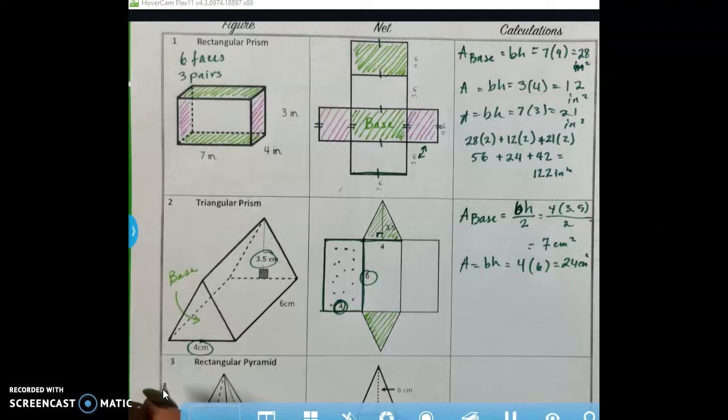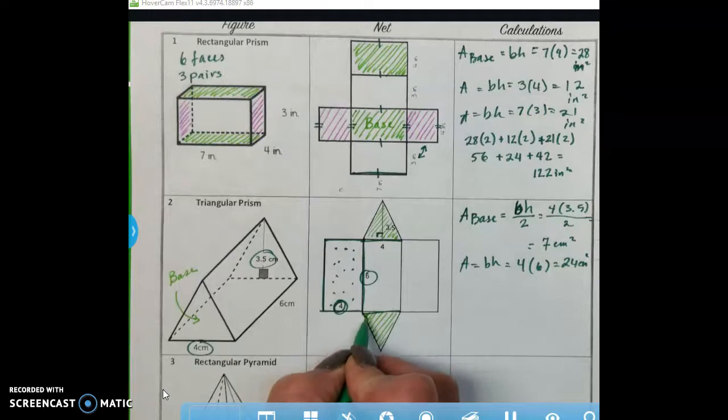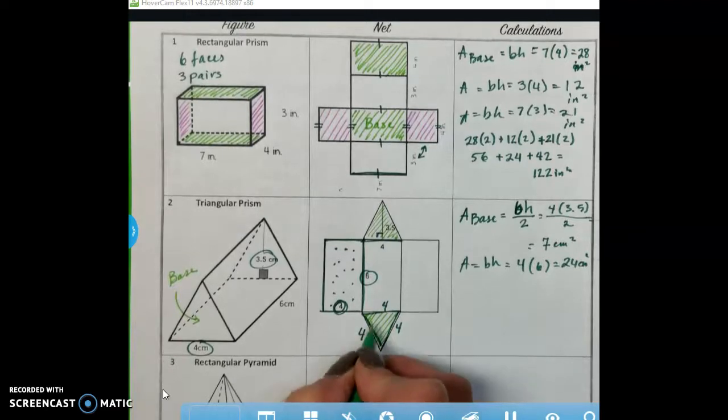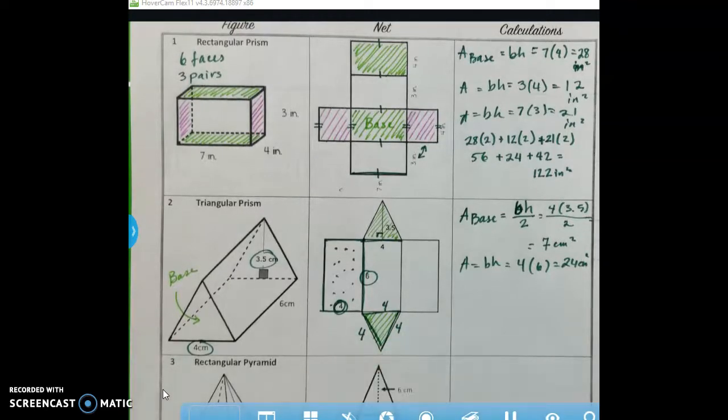So the base that we're working with is an equilateral triangle, so it's 4 by 4 by 4. That's why they're not labeling every side. It can get really crowded when you label your measurements. So that makes our work really easy because we are almost done.